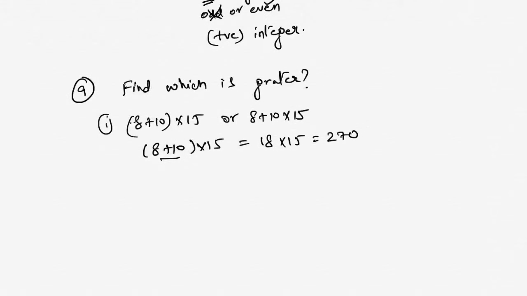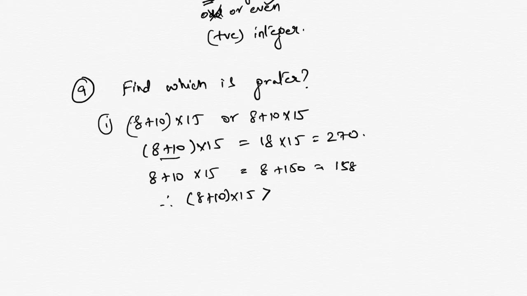Now 8 plus 10 into 15 is 8 plus 150, which is equal to 158. Therefore 8 plus 10 into 15 is greater than 8 plus 10 into 15.